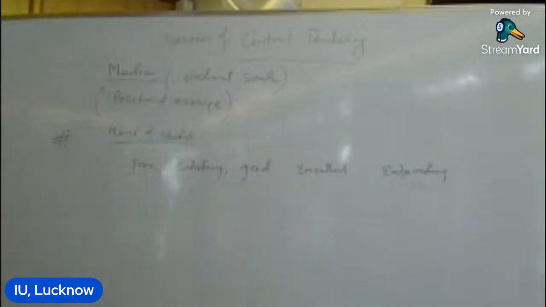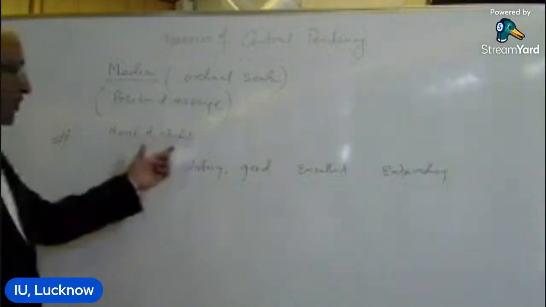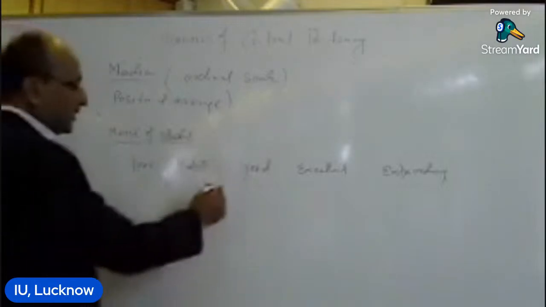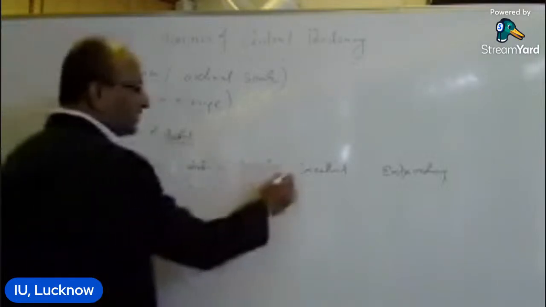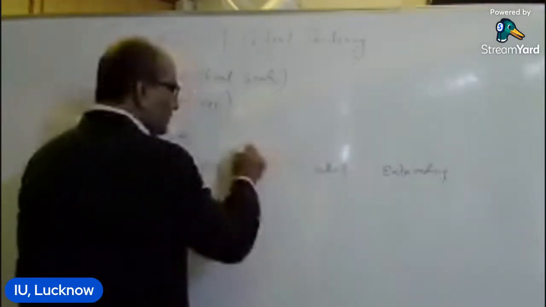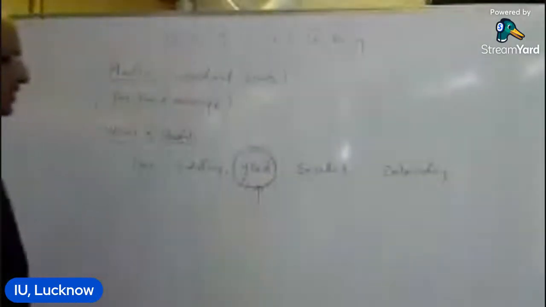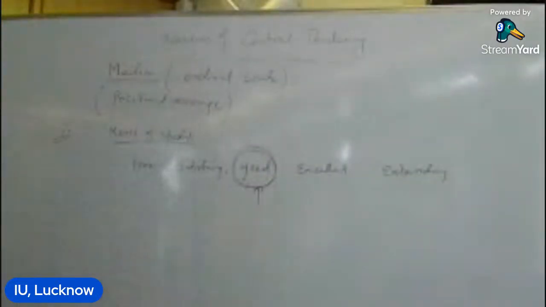Obviously the average student is one who will lie on the midpoint. So the good student, 1, 2, 3, 4, 5, the mid value is good. So the good student is known as the average student of that class, whose merit is good.